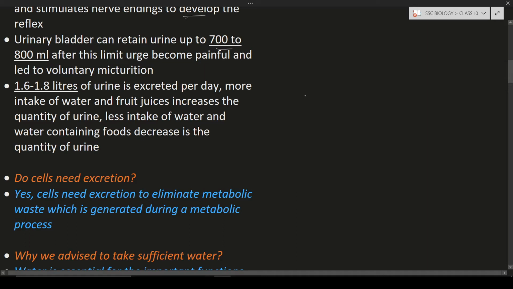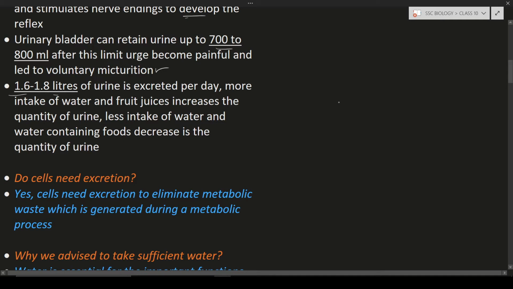The person will feel some discomfort and a kind of pain in the urinary bladder. Such a situation causes voluntary micturition, which means the person will urinate. So this is about it. And 1.6 to 1.8 liters of urine is excreted per day.